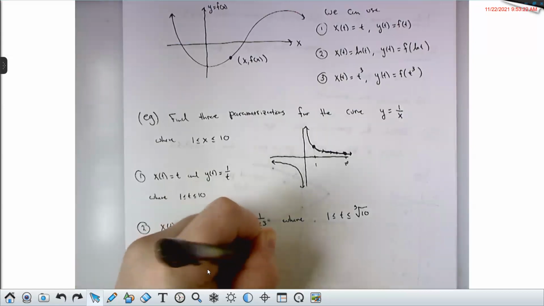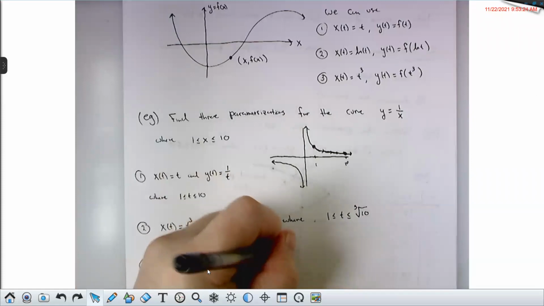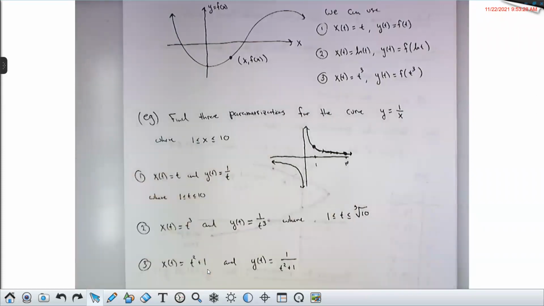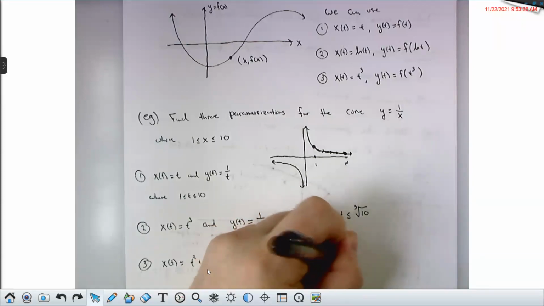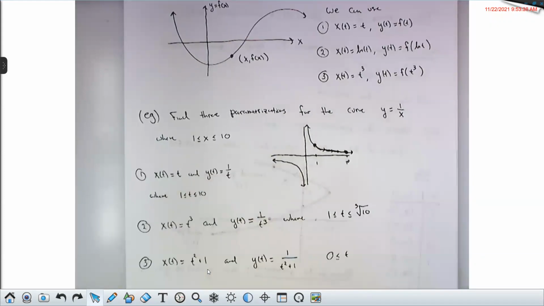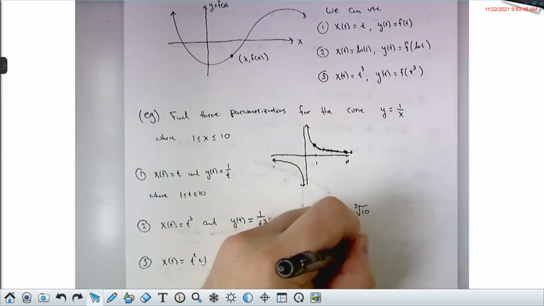Y of t here would be 1 over that. And then I just have to ask what t values will make this thing run from 1 to 10. Well, when t is 0, 1 plus t squared would be equal to 1. And when t is 3, t squared plus 1 would be equal to 10.